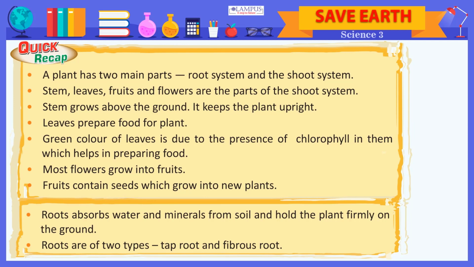Green color of leaves is due to the presence of chlorophyll in them which helps in preparing food. Most flowers grow into fruits. Fruits contain seeds which grow into new plants. Roots absorb water and minerals from soil and hold the plant firmly on the ground. Roots are of two types, taproot and fibrous root.